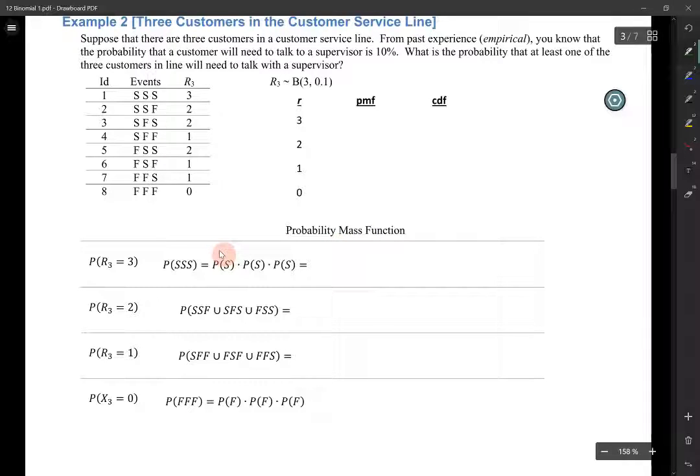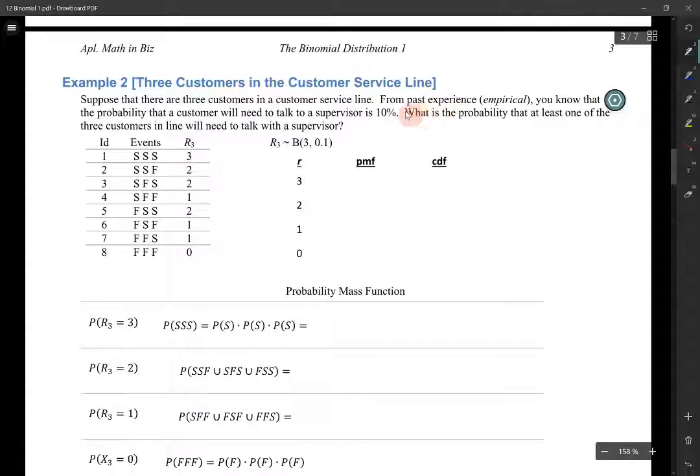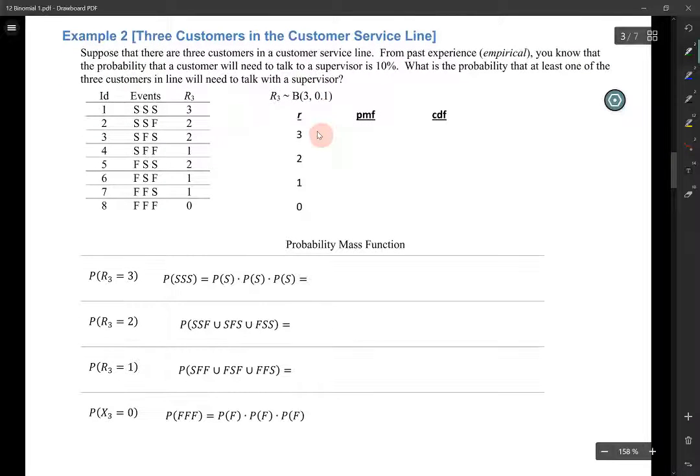The first one is easy, and we're going to use that to determine the probability that at least one of the 3 customers in line will need to talk to the supervisor. So what's the probability that all 3 will need to talk to a supervisor? It's 1/10 for the first one, and 1/10 for the second one, and 1/10 for the third one, because the first one needs to talk to the manager, the second one needs to talk to the manager, and the third one needs to talk to the manager.